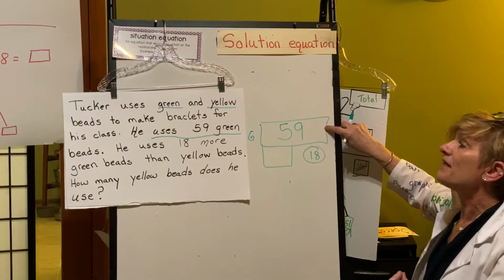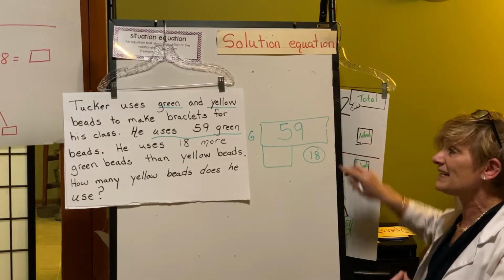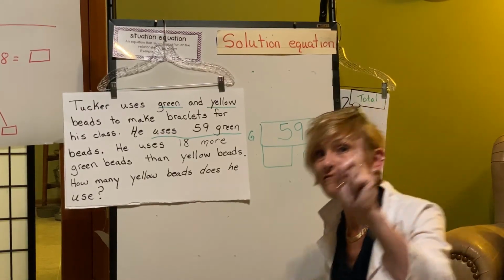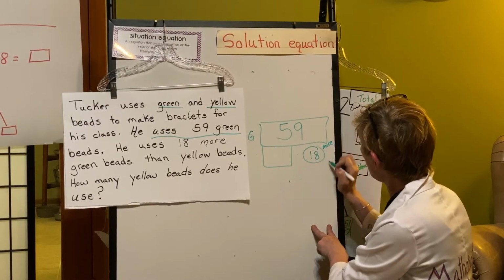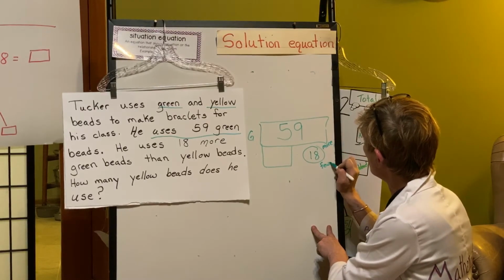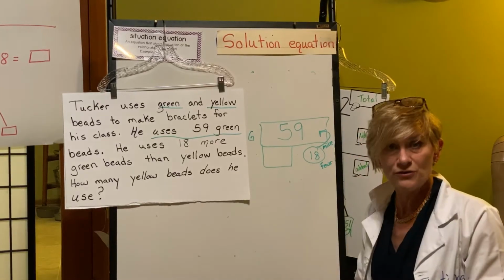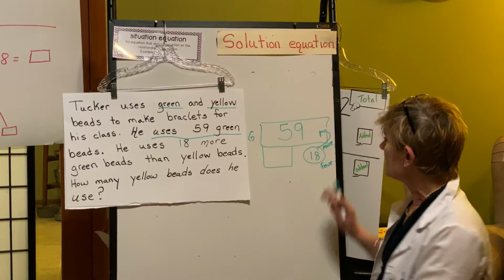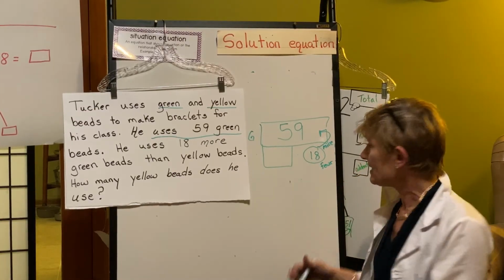Oh, yep, that means his yellow beads are 18 fewer. So I always like people to remember there's the more and the fewer. So he made 18 more green beads. That means he has 18 fewer yellow.